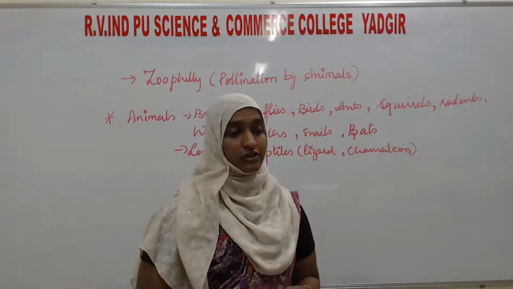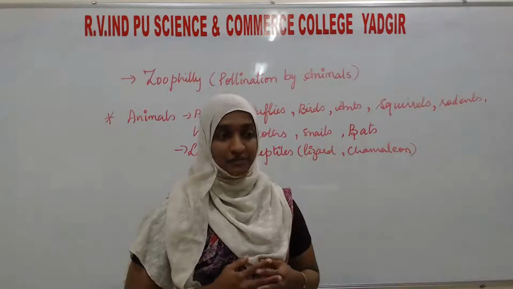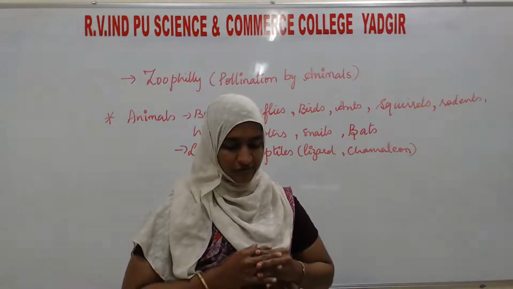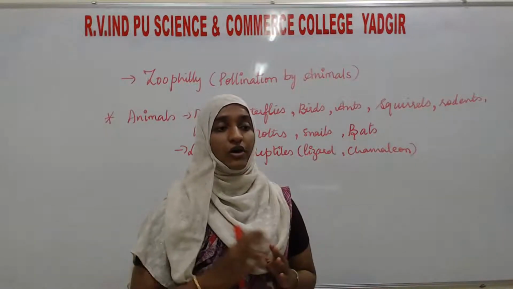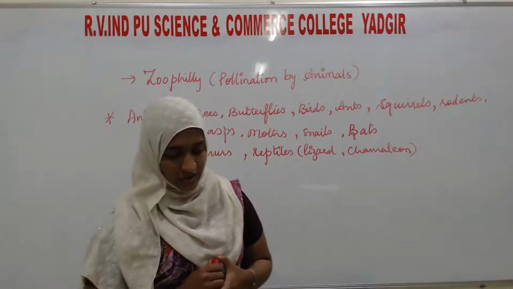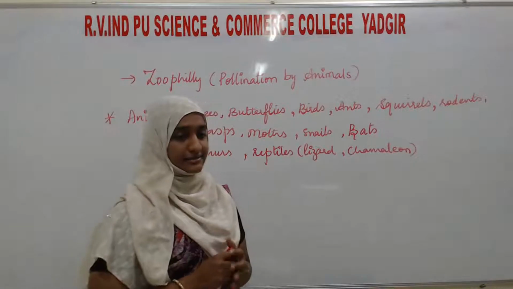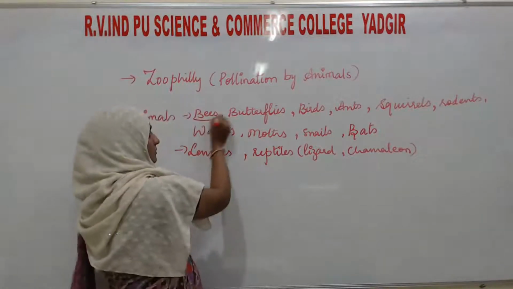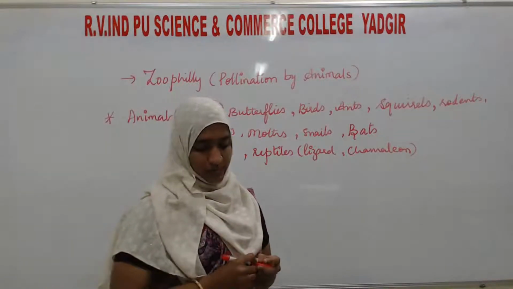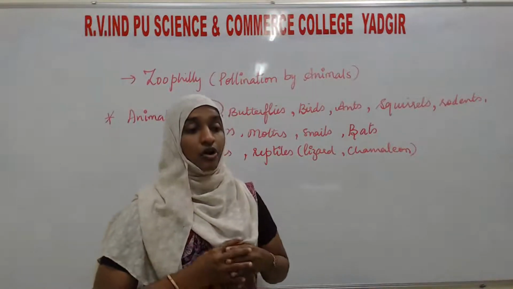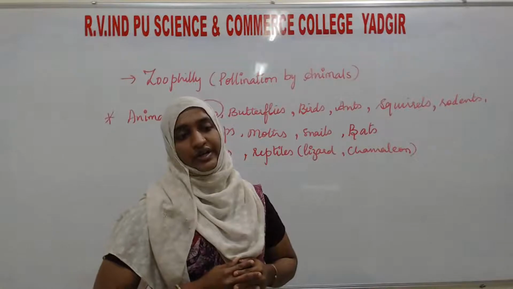So the majority of the flowering plants undergo pollination by animals, such as bees, flies and all what I have told. All are pollinating agents. Among the animals, insects, particularly the bees, are the dominant biotic pollinating agents.